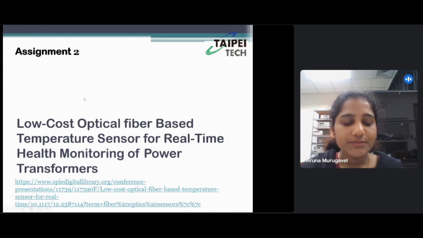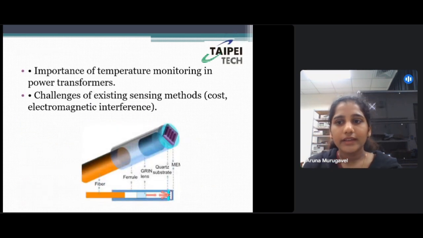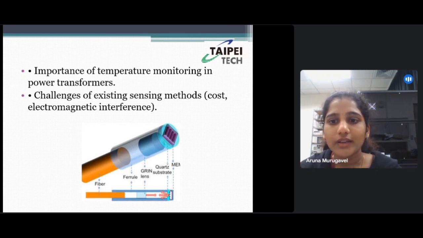Assignment 2 is based upon low-cost optical fiber-based temperature sensors for real-time health monitoring of power transformers. The importance of temperature monitoring in power transformers: let us start by understanding why temperature monitoring is critical in power transformers.